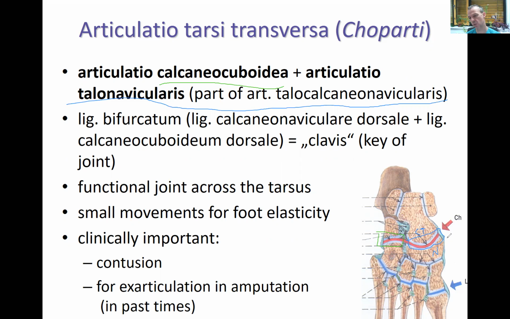You can say it's similar to the medial carpal joint of the hand. And this joint is called the transverse tarsal joint of Chopart. Yeah, that was the guy who performed amputation in this joint. So please remember this functional joint in which the foot can be injured. Transverse tarsal joint of Chopart, composed of the lateral calcaneocuboid component and the medial talonavicular component, which is part of the talocalcaneonavicular joint. Yeah? Okay.